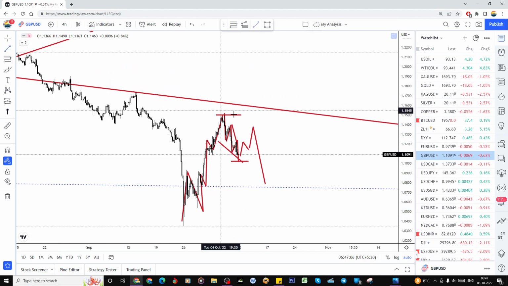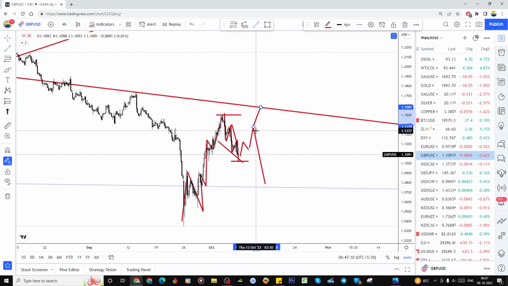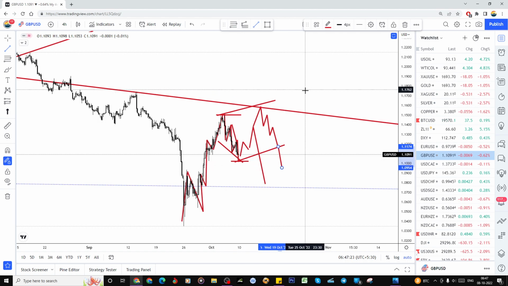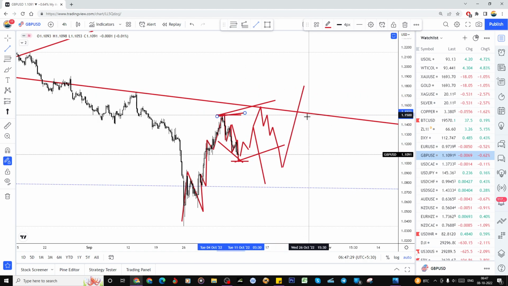But in case it breaks and hits your stop loss and reaches here, again it may be a 5-wave or 3-wave structure in the formation of an irregular flat pattern, or it could be an expanded flat, running flat or expanded flat. One more high is also possible to break this or this.